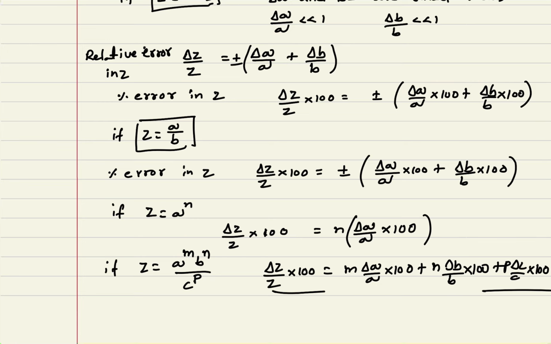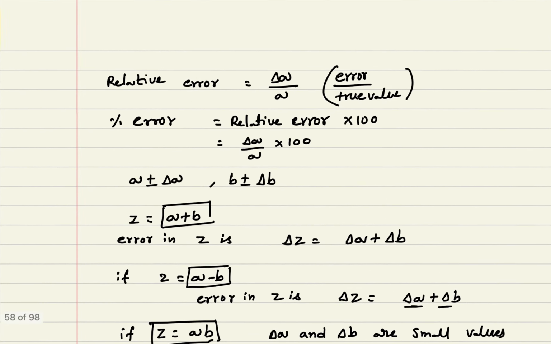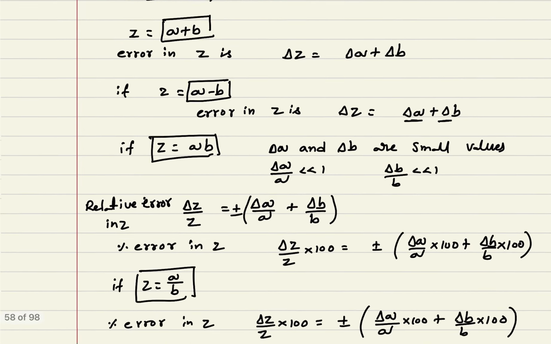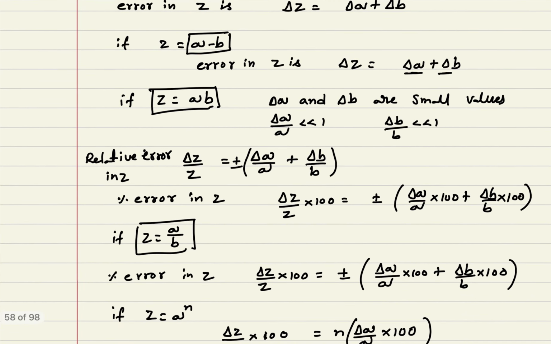You can see here how to write the powers. You should not subtract, like you should not write A minus p into delta C by C into 100. You should write only addition of all the percentage errors. I hope it is clear for you.